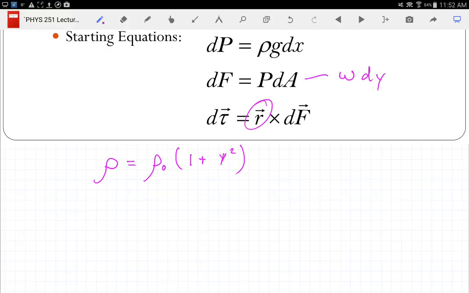I got to put a factor here, otherwise my density gets really huge really quick. So b is going to be a factor for how quickly the density is changing. Now we have density that's non-constant, and I can find the pressure as a function of depth.